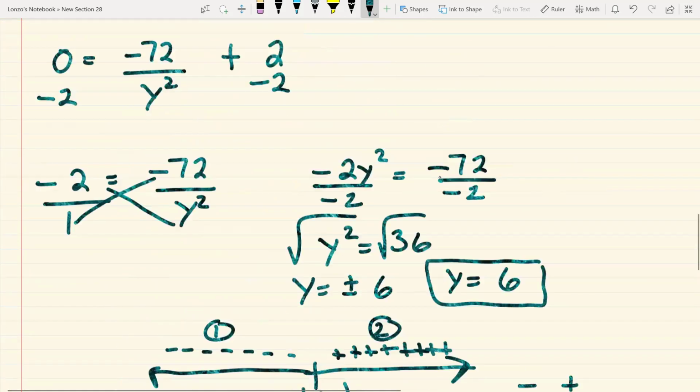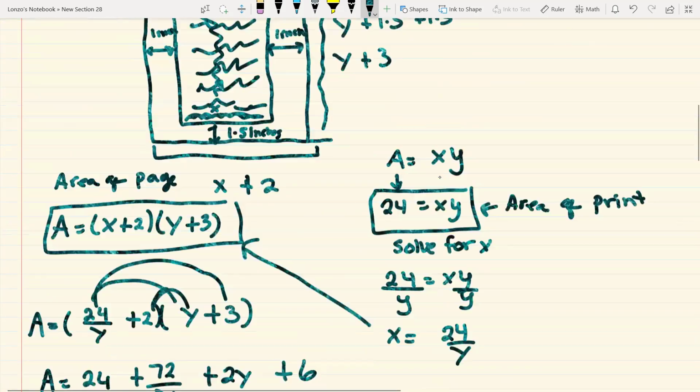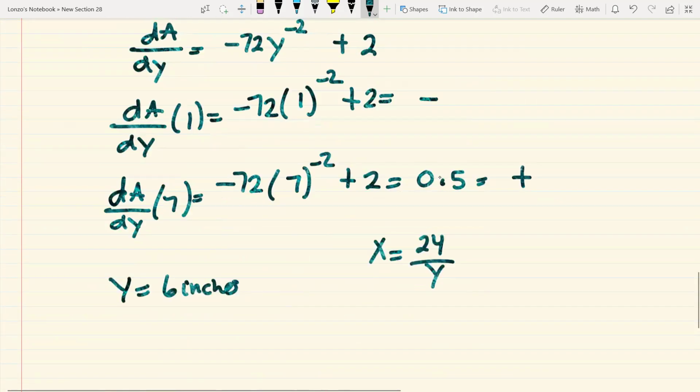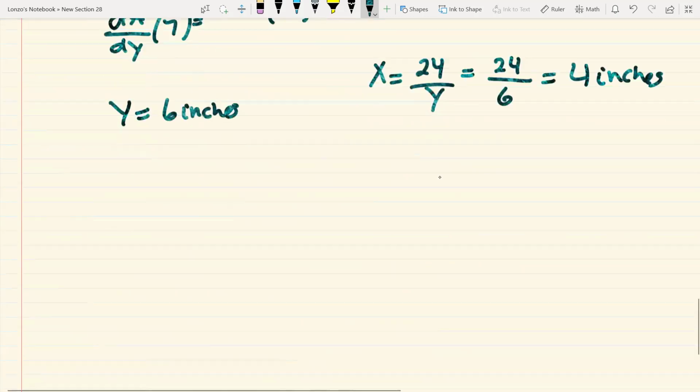Go back to, right here. So if x equals 24 over y, that would be 24 over our y value of 6, so that would be 4 inches. So your y is 6 inches, and your x is 4 inches.